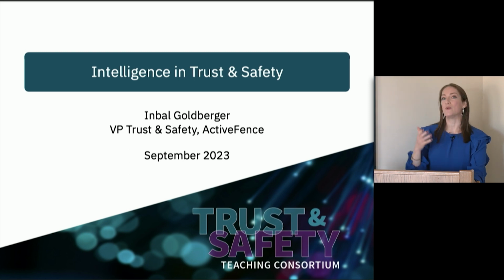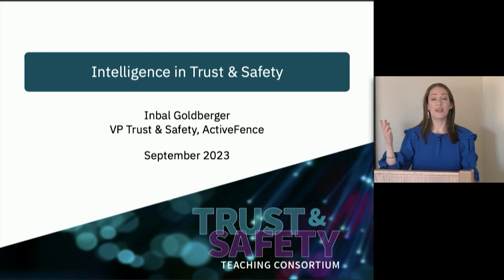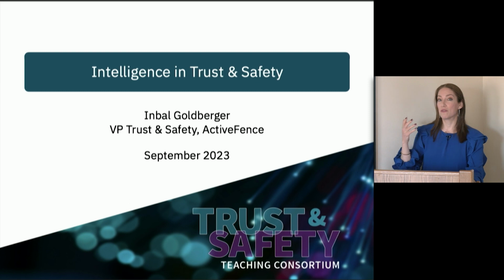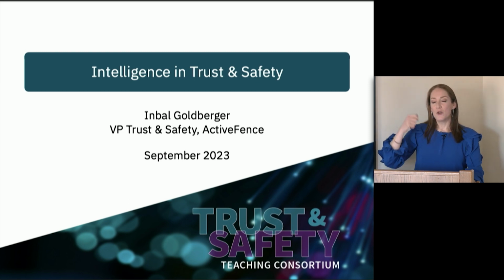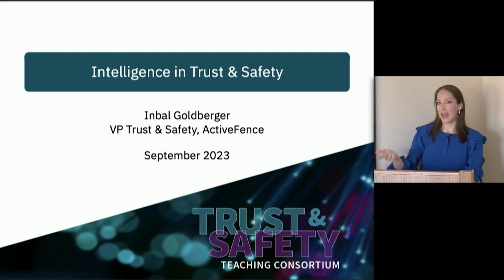So all of these we can moderate. And intelligence, or threat intelligence, looks at all of these components: content, behavior, and actors that we can gather information about, and that help us gain more wisdom about their intentions.